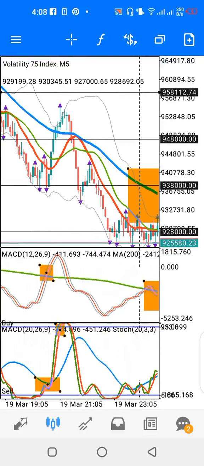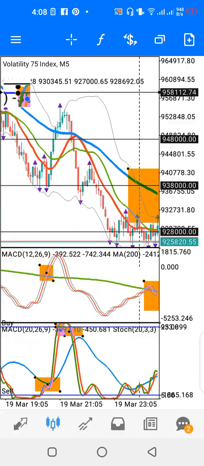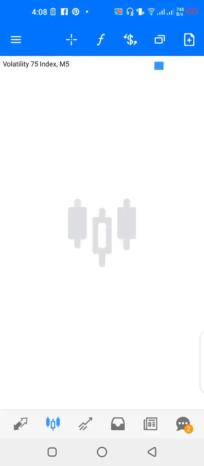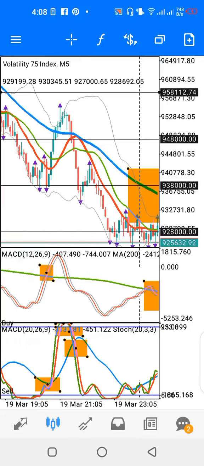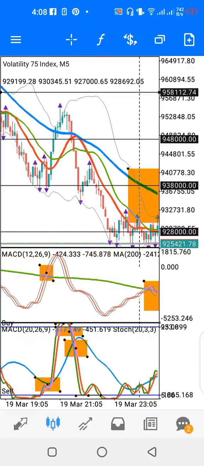When you have exactly the opposite, from the 95 level crossing down below the blue line and then touching the 5 level, this is your sell signal.